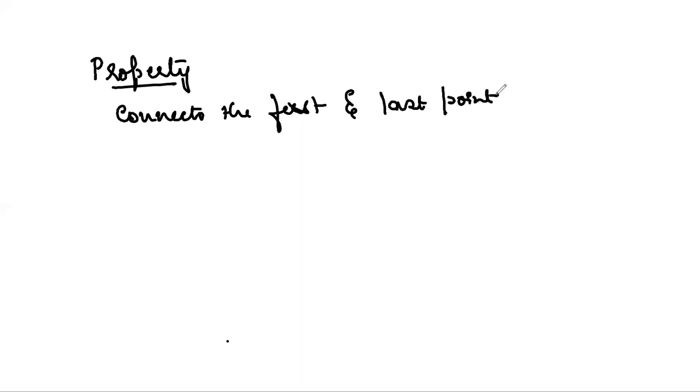If you remember the examples that we had taken, it starts with the first point and then ends with the last control point. So the basic characteristics can be written as P of 0 is equal to P0 and P of 1 is equal to Pn. Let me take this as equation 1.